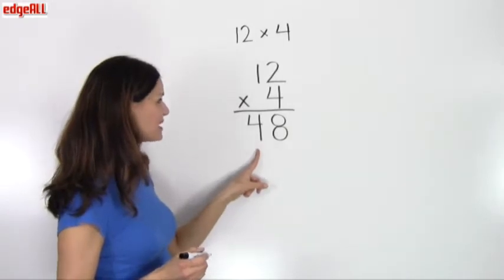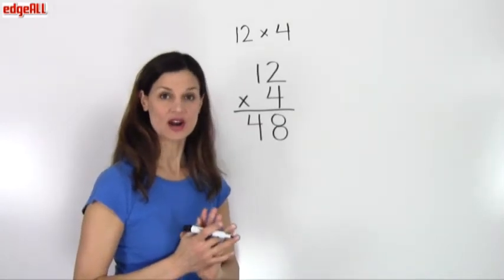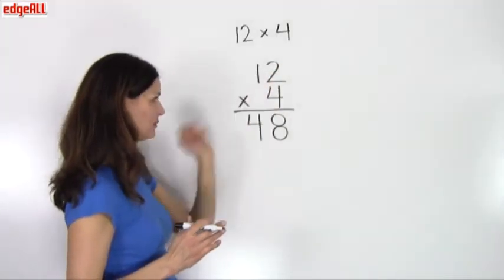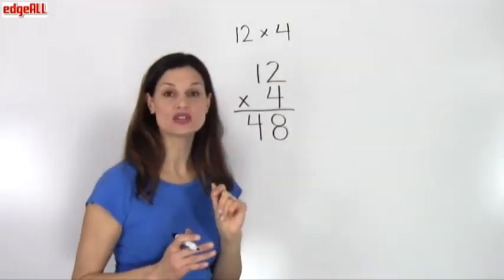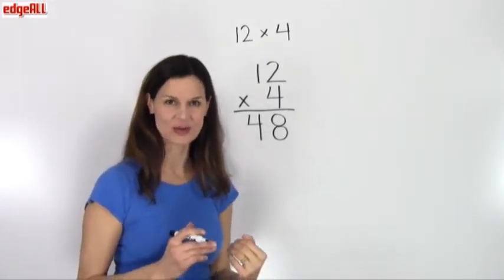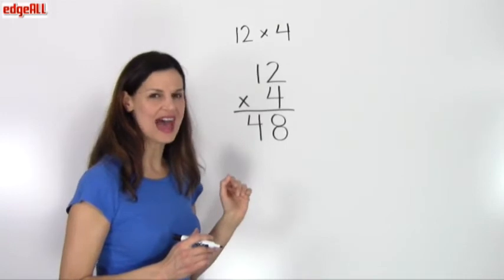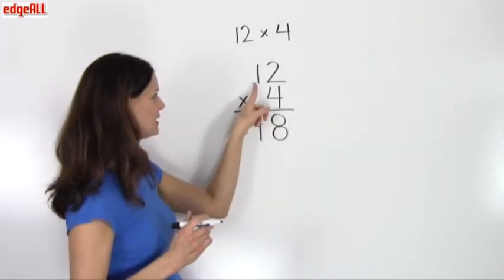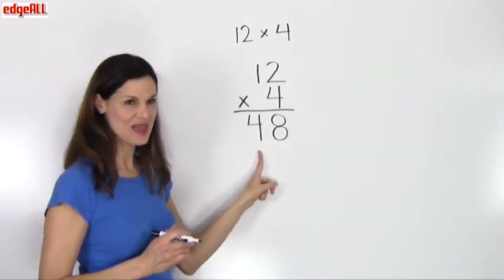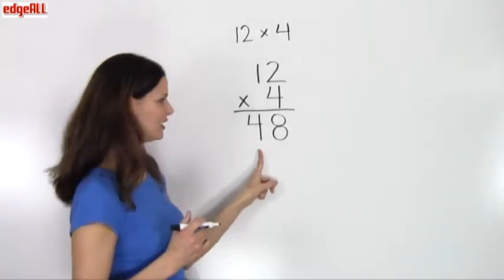So I want you to make sure that when you're doing these problems, you line up your digits that are in the ones place in the problem really nicely, and make sure you line up the digits that are in the ones place of the answer or the product really nicely and neatly, and then make sure that you put the answer that's in the tens place over here properly in its position here, so that you have your answers nice and clear and neat and organized.